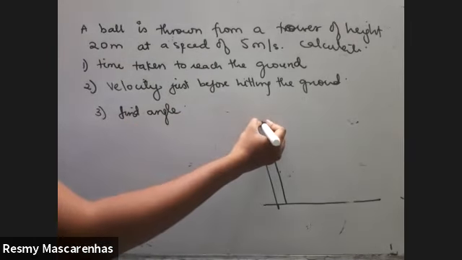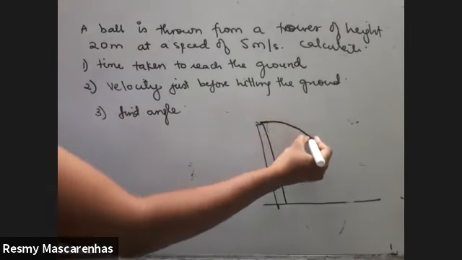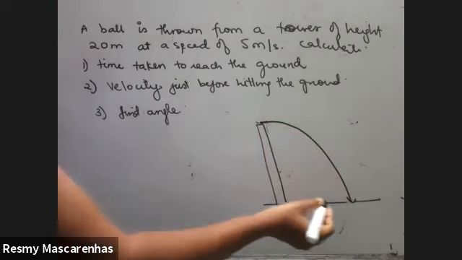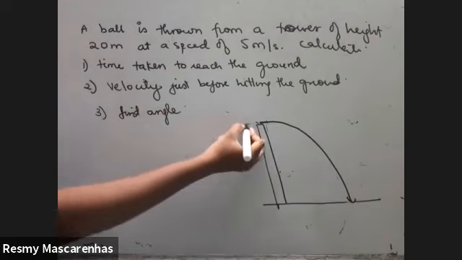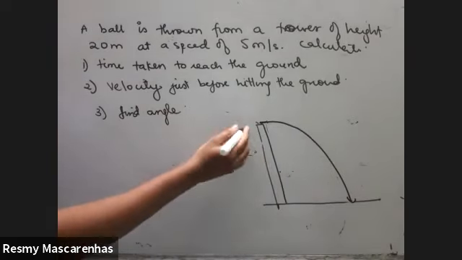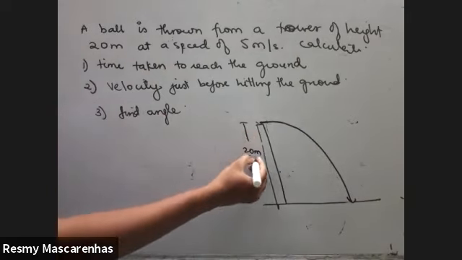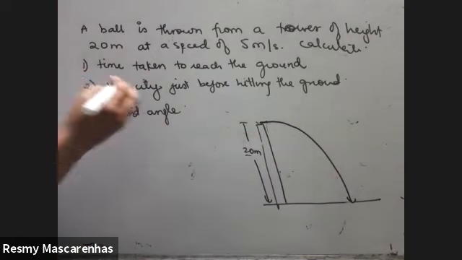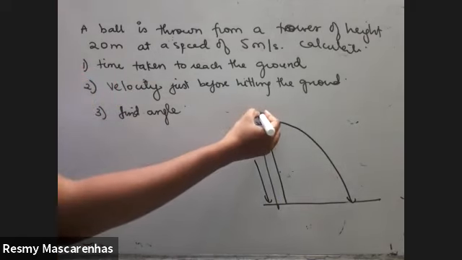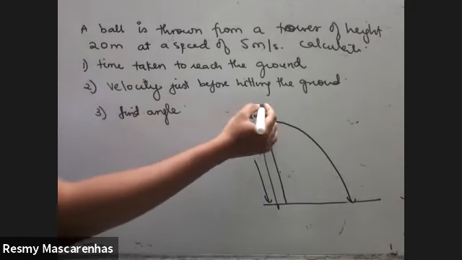So if we are standing here and then throwing, definitely it will go and then fall at some point. This is 20 meters. U is 5 meters per second.